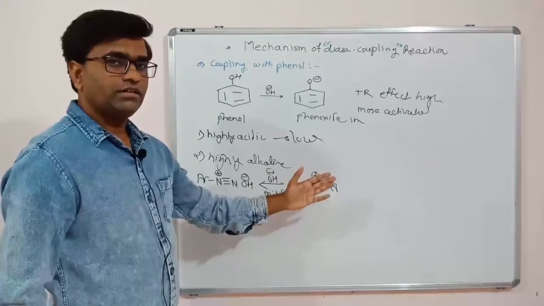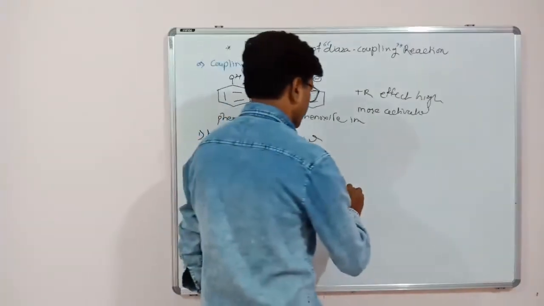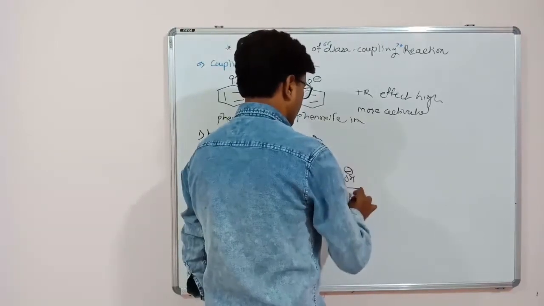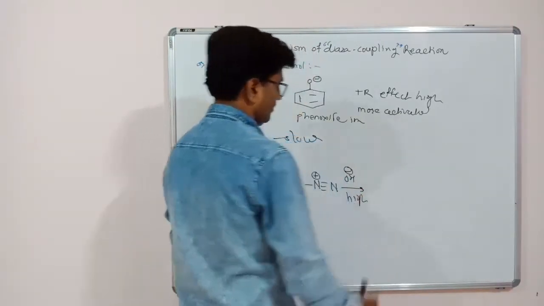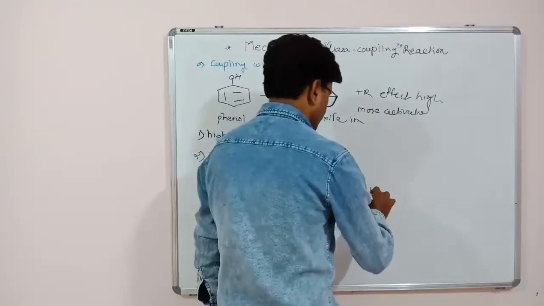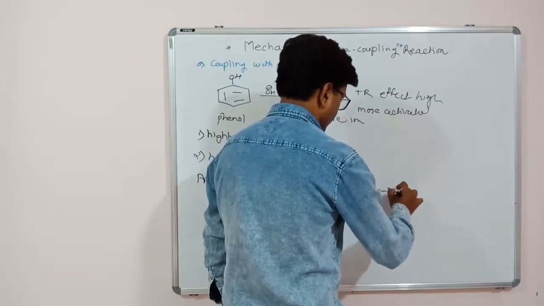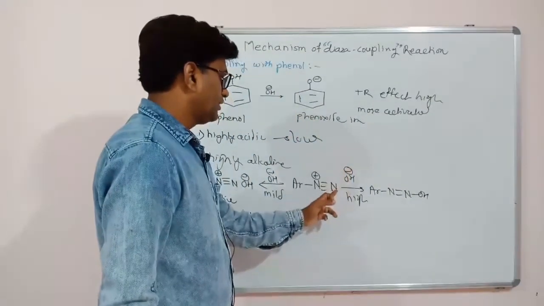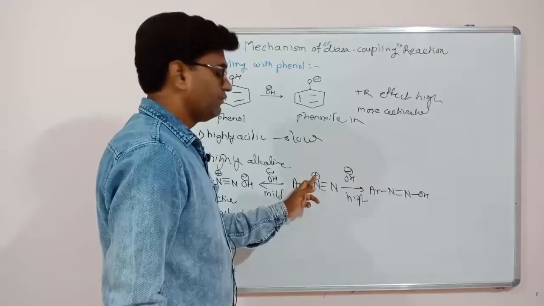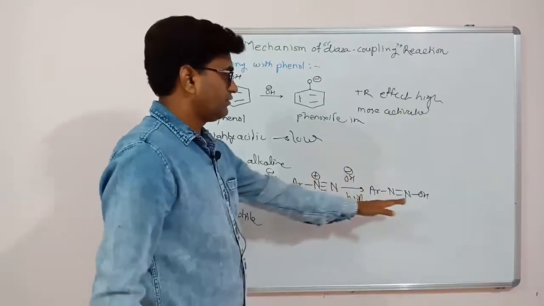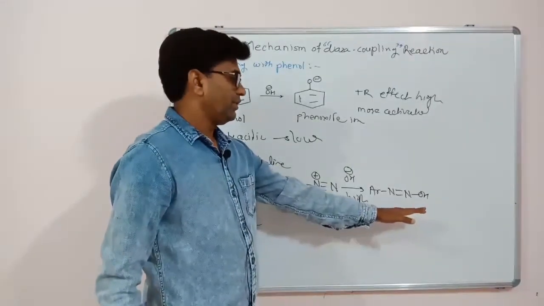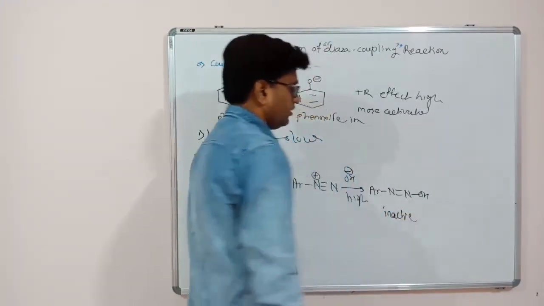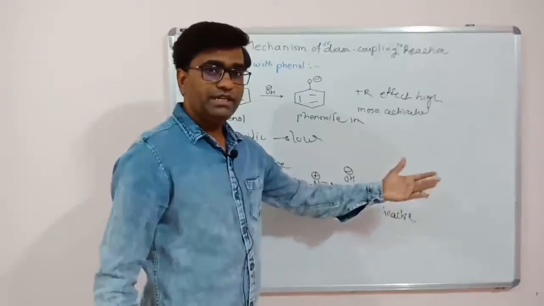But suppose you are using a high concentration of base, high concentration NaOH, then what will happen? It forms a sigma bond with nitrogen. This will attack on this nitrogen, this pi bond will break, and the positive charge is neutralized. We will get this compound. So this is inactive. Our electrophile will be inactive.